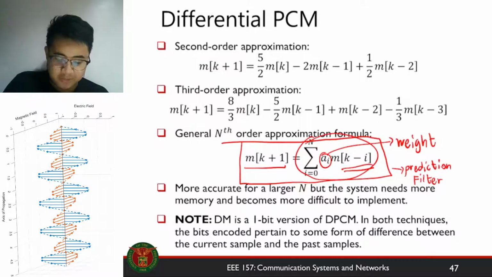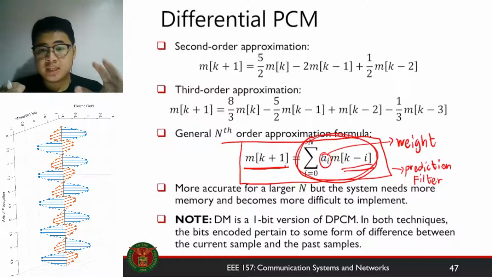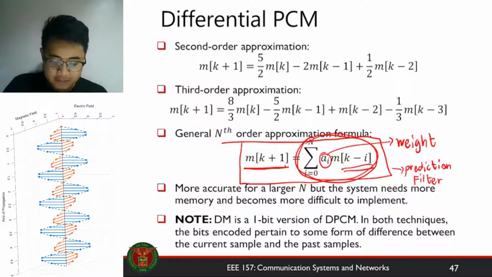The difference between this and this. If your prediction filter is very accurate, then the difference between this and this will be very small. And if it's very small, it needs fewer bits to represent itself. Right?